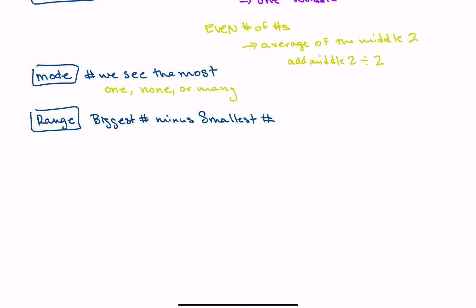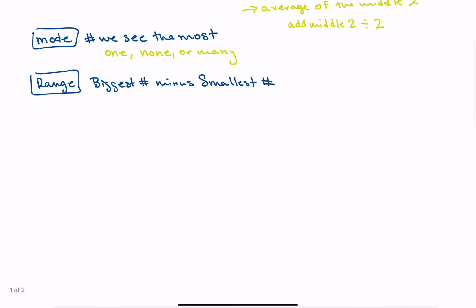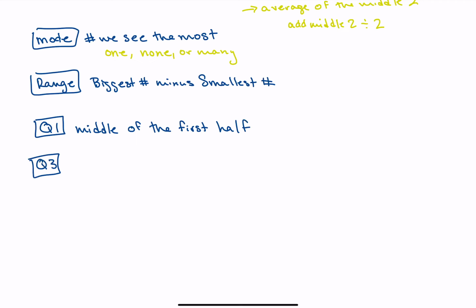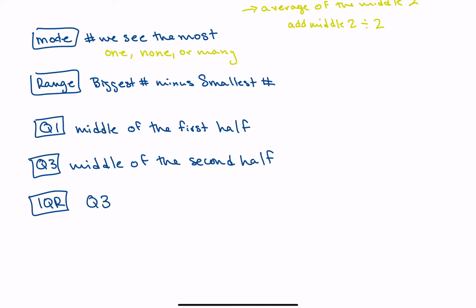Then we have the Q1, which is the middle of the first half. We have Q3, which is the middle of the second half. And then we have the IQR, which is Q3 minus Q1.